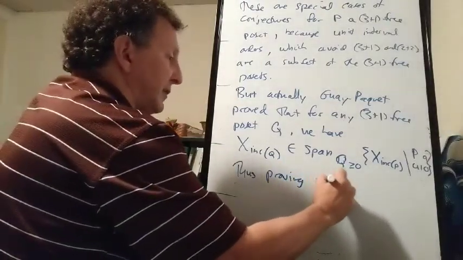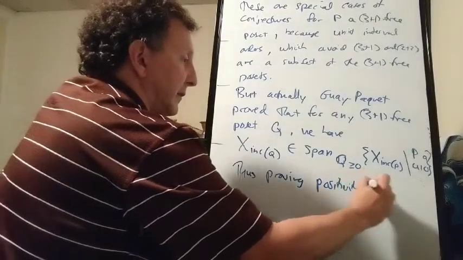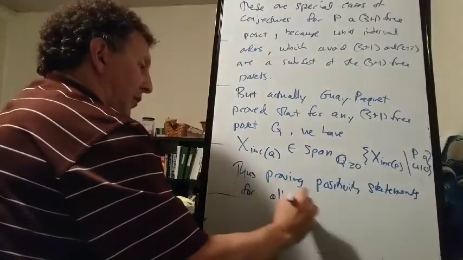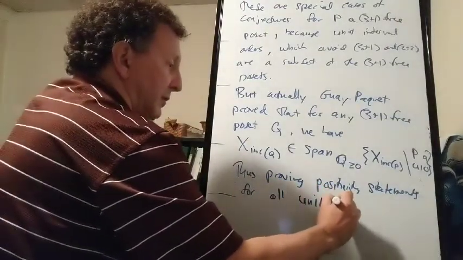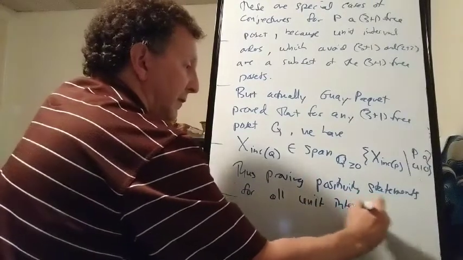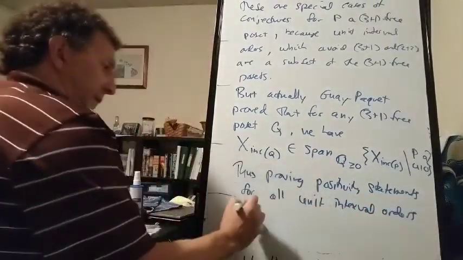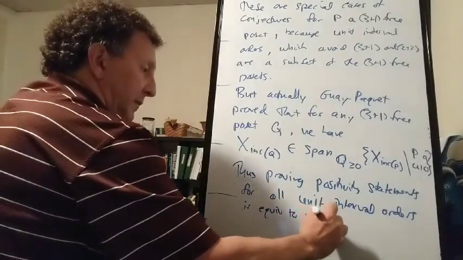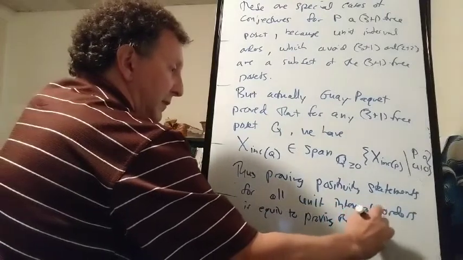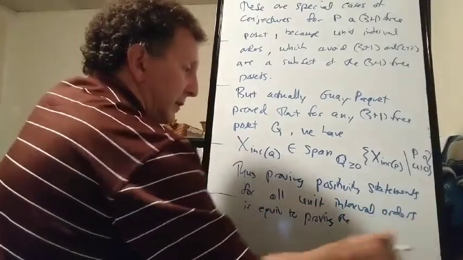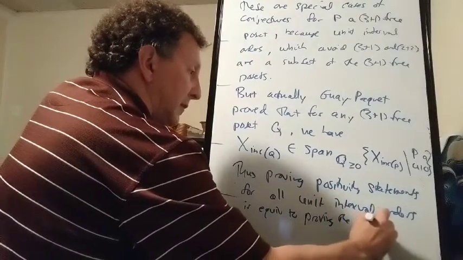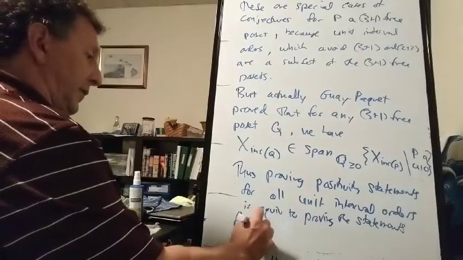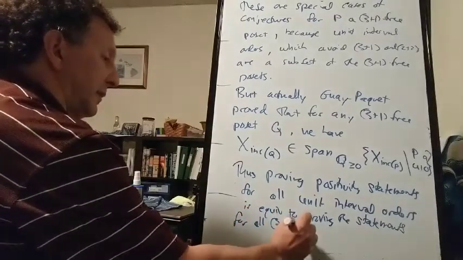So proving positivity statements for all unit interval orders is equivalent to proving the statements for all 3+1 free posets.